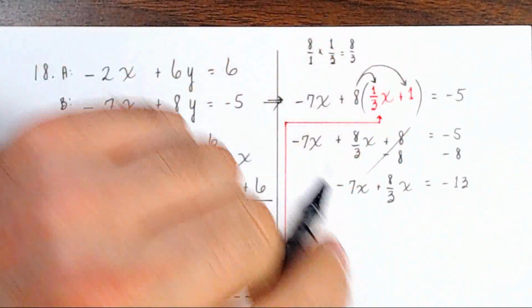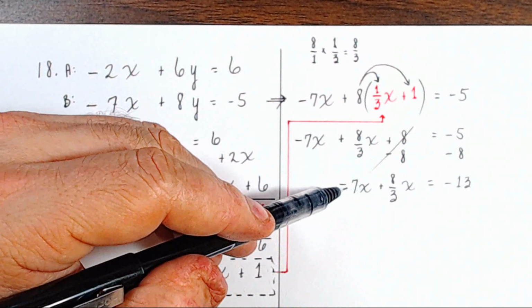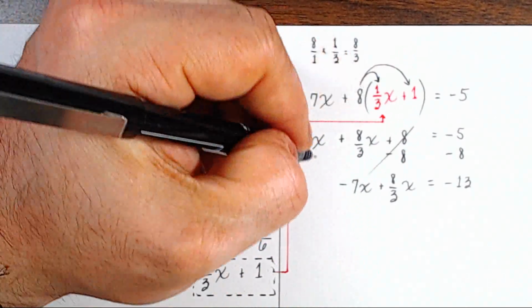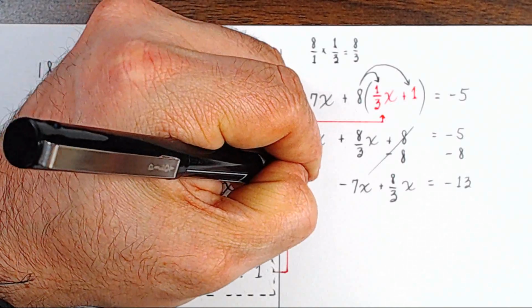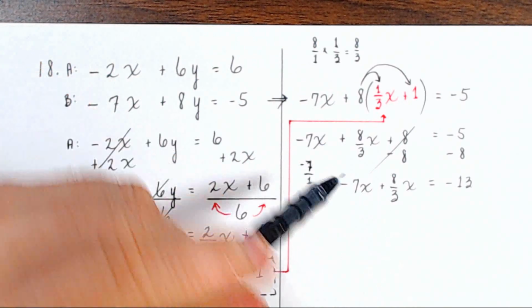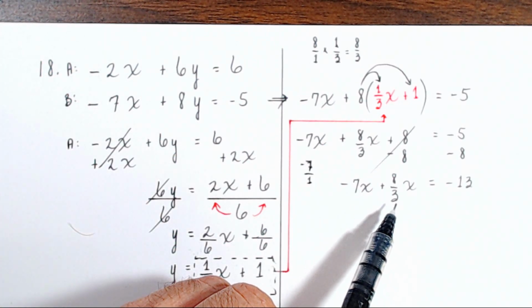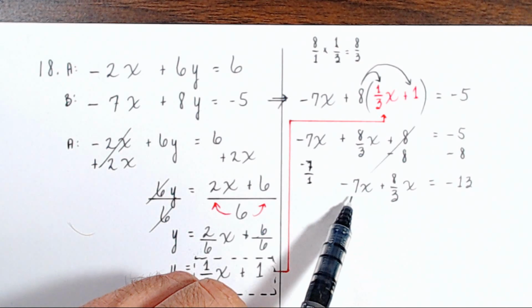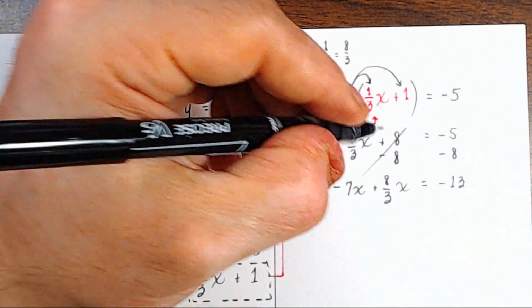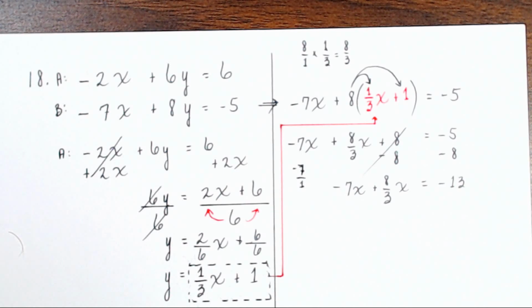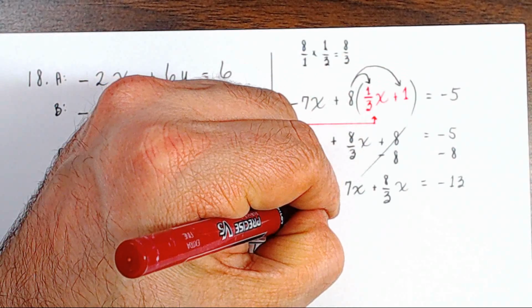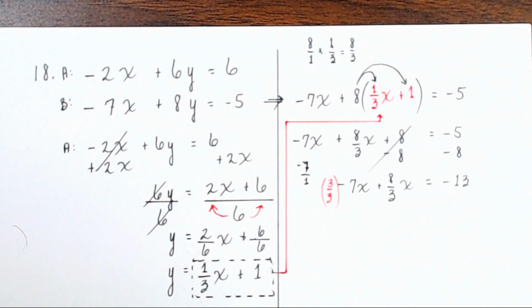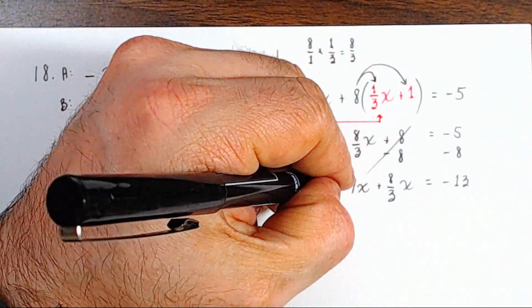Okay, we're almost done. So now I need to get this -7, because this is really -7 over 1. And I need that to be a common denominator with this other x coefficient, which is 8/3. So I need there to be a 3 in the denominator. So what I'm going to do is I'm going to multiply that -7 by 3 over 3. So what is 3 times -7?